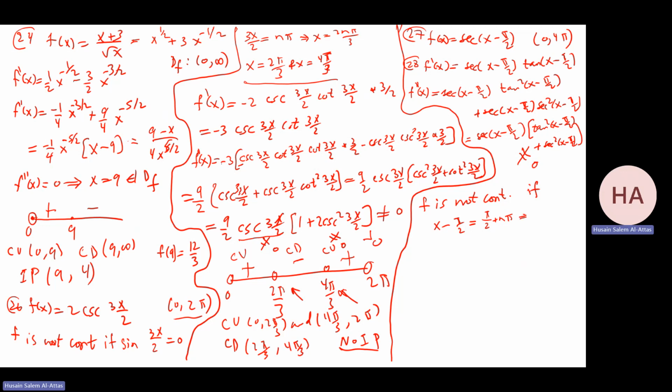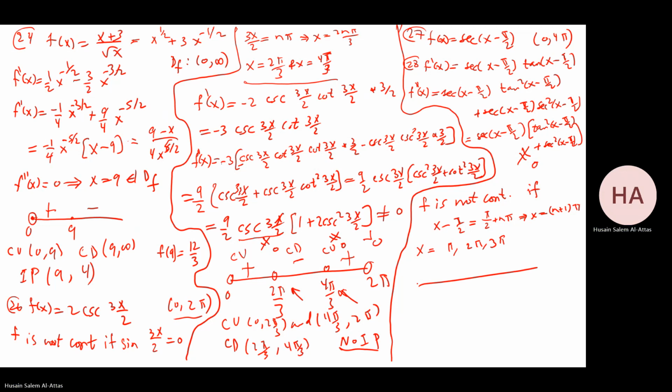In other words, if x equals n plus 1 pi. Here we have the problems. Between 0 and 4 pi, I have what? So x, I need to avoid pi, 2 pi, 3 pi.